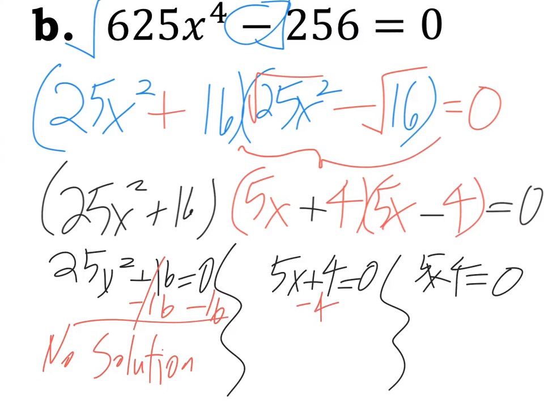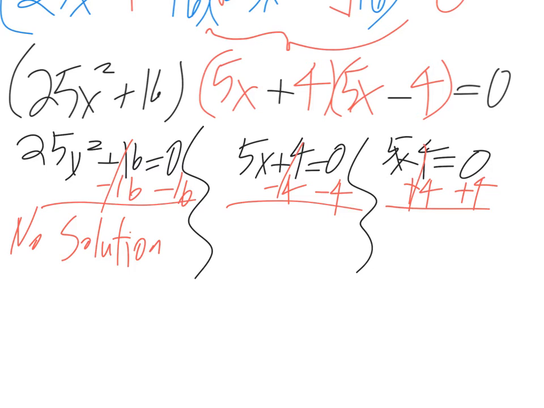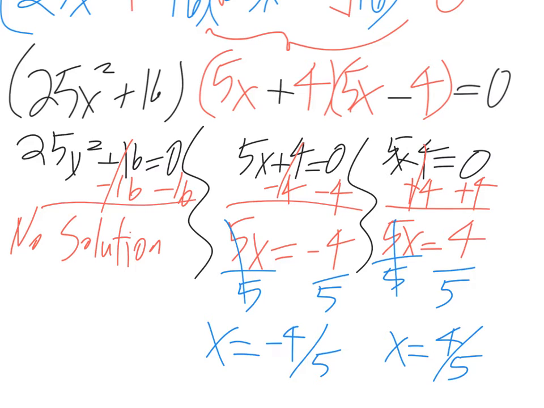But this one, I can minus 4 or plus 4 over on these two. And so you can tell that the answer is going to be negative 4 over 5 and positive 4 over 5. But let me finish working it out. So yeah, I just minus 4 over, this one I added 4 over, and then divide by 5. And that's it.